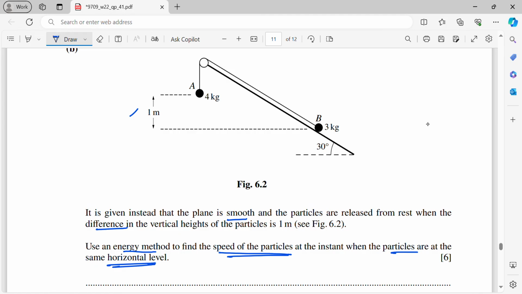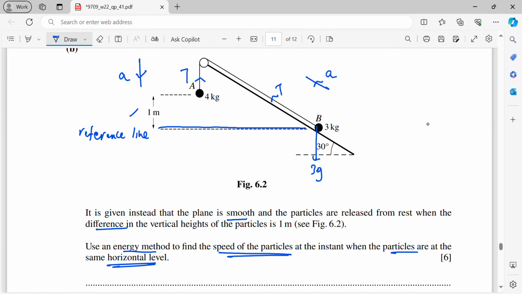First, I refer to this as the reference line. Let's say this is the reference line. Alright, so I will expect A to go down, B to go up. This is the T. Okay, and here you have 3g.